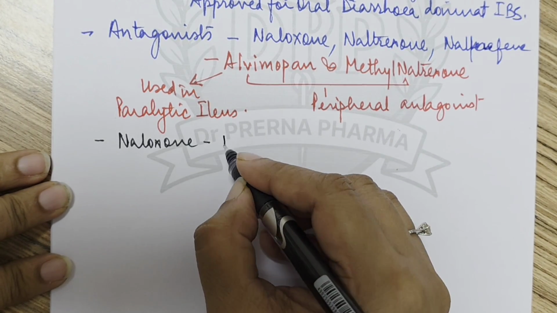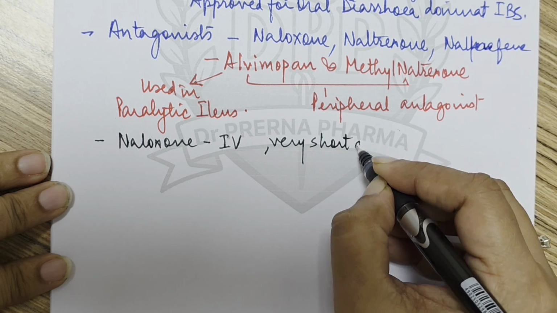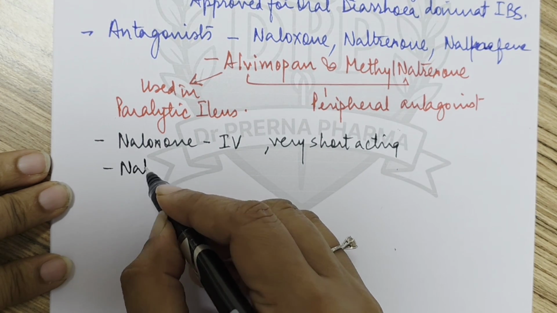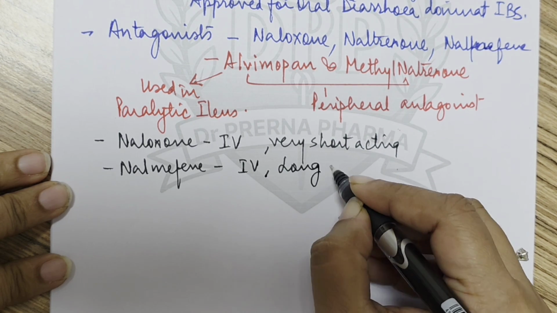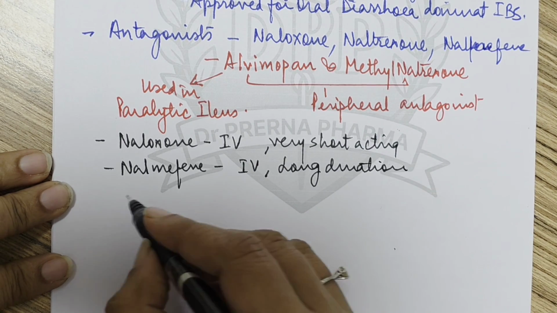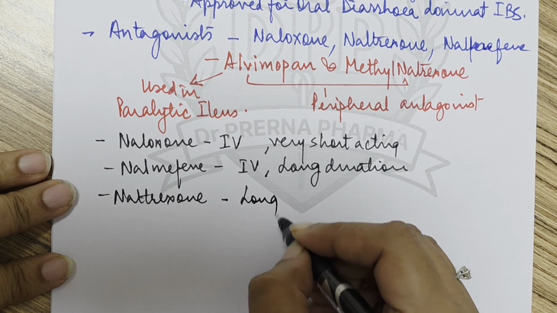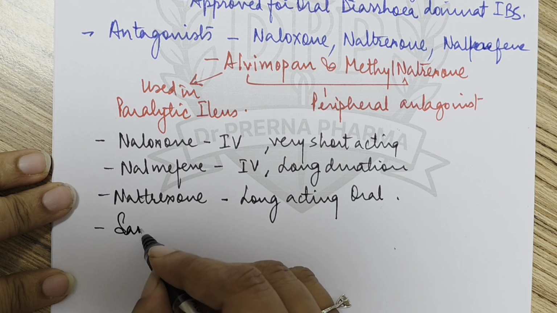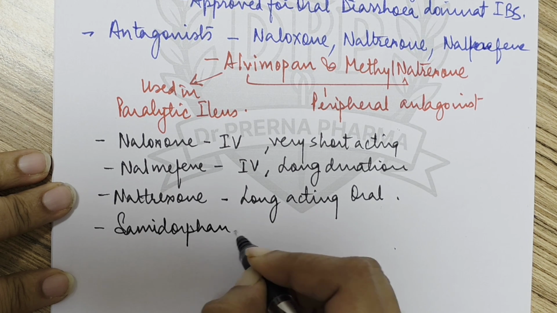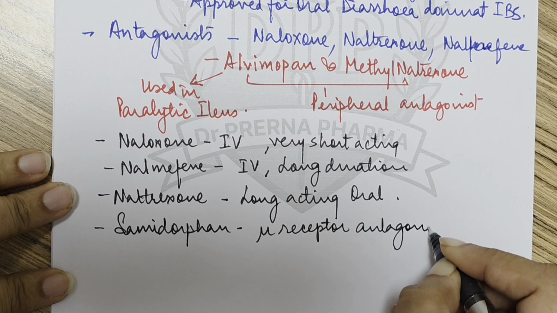Now regarding these drugs, naloxone is given by IV route and is very short acting. It is not effective orally. Then nalmefene is also given by IV route but has a long duration, longer half-life. Then we have naltrexone. So naltrexone is long acting and this can be given by the oral route, right? Then we have samidorphan. Samidorphan is a mu receptor antagonist.